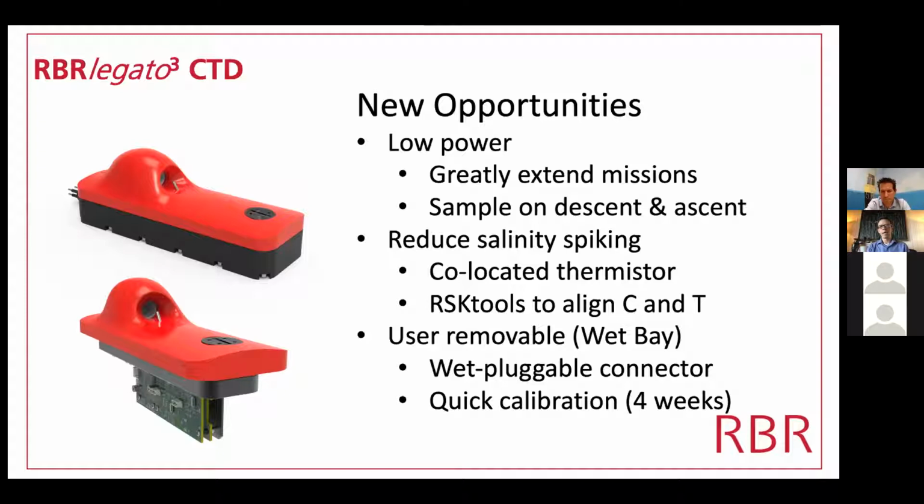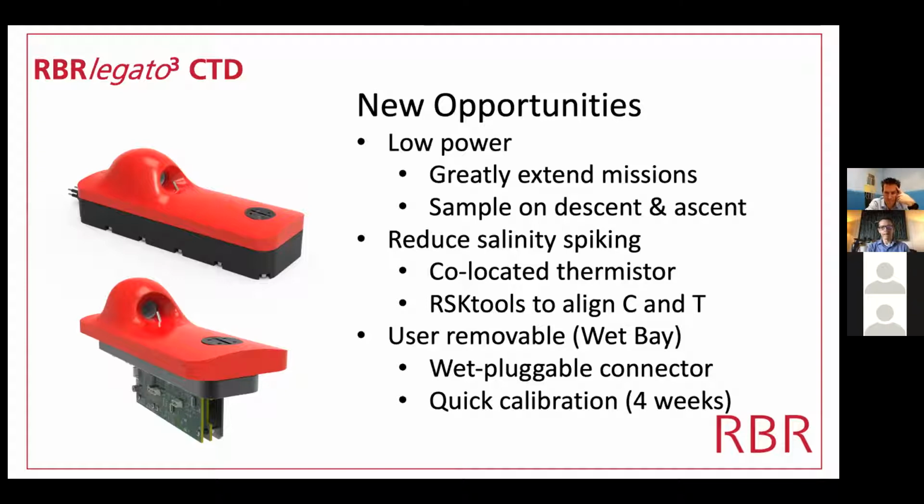And we also have a number of free tools available, like the RSK tools that do alignment of C and T, so that we reduce any kind of offsets or manufacturer data variations there.